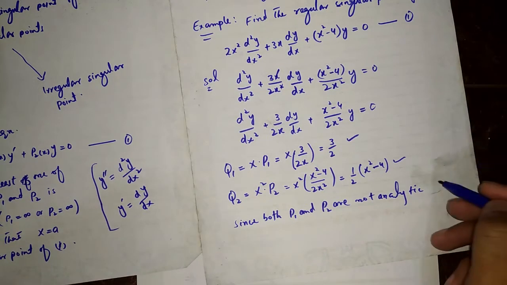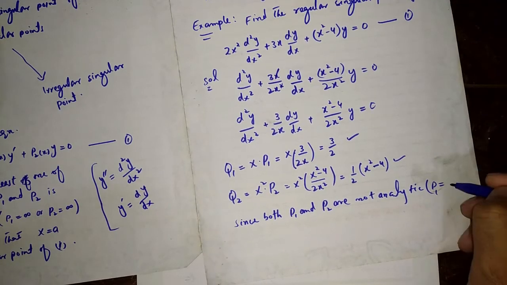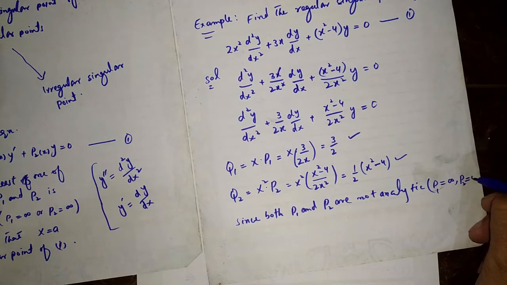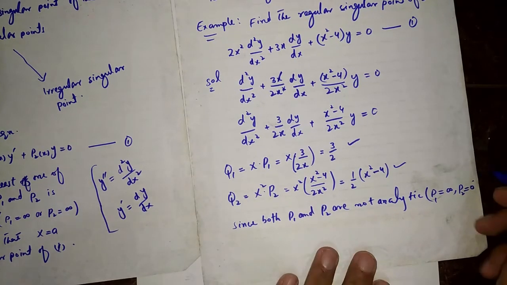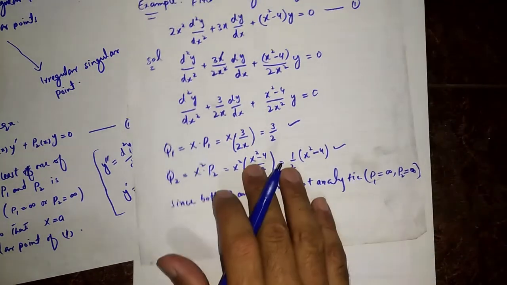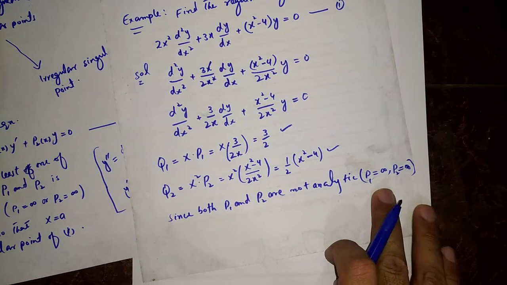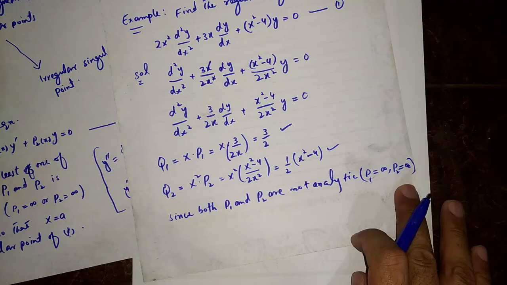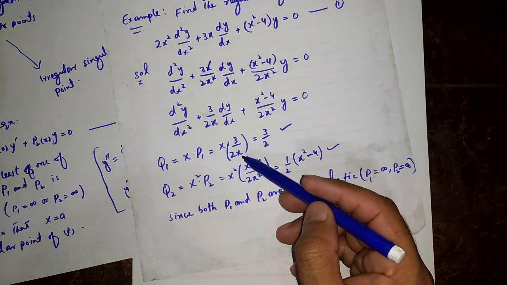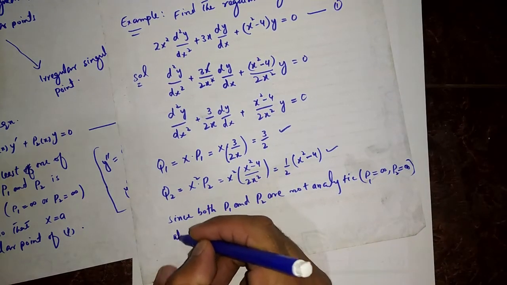This means that p1 is equal to infinity, p2 is equal to infinity when we put x equals to 0.